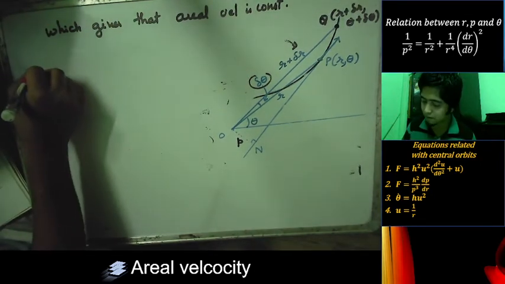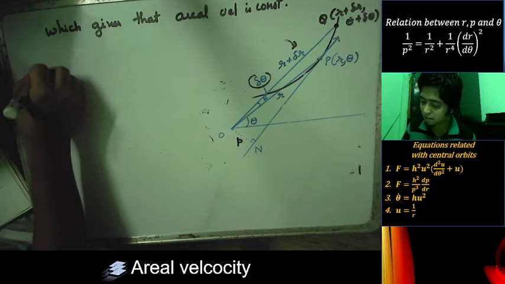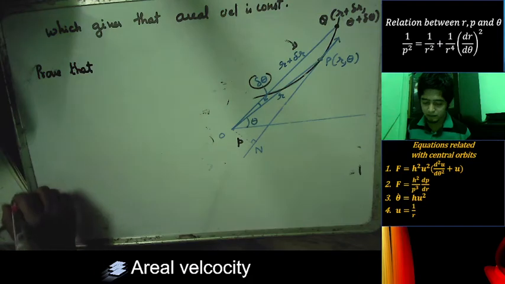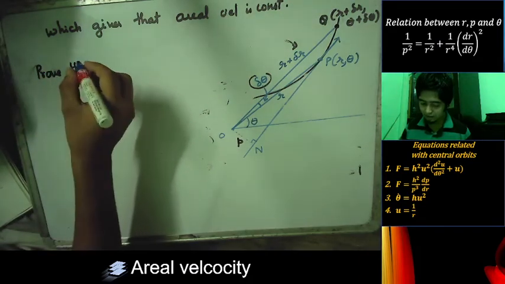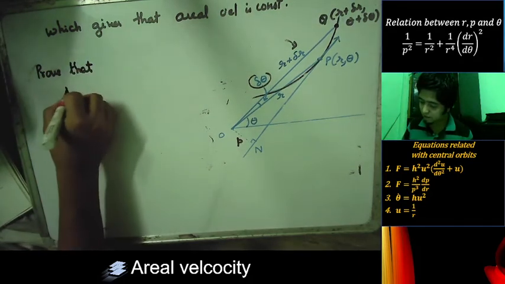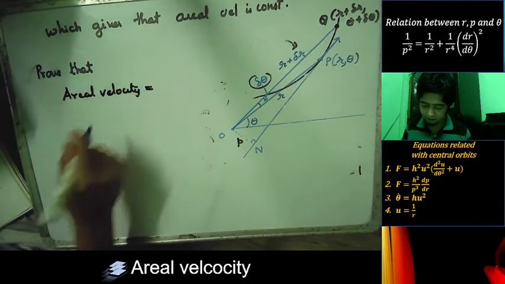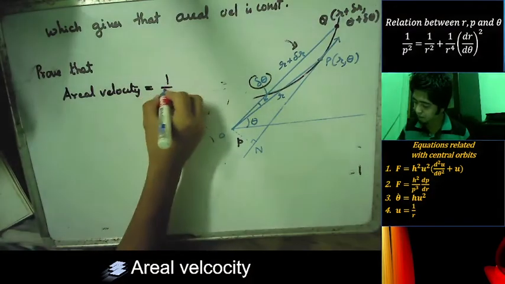Okay, I will frame this one as a question. Prove that: the areal velocity is equal to half vp.